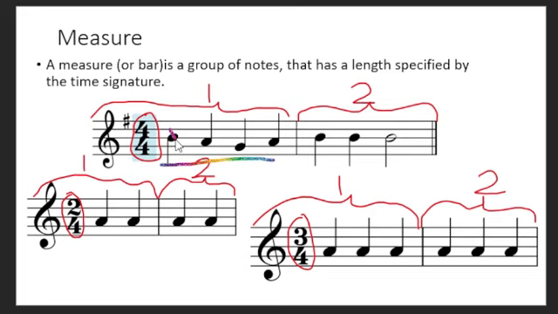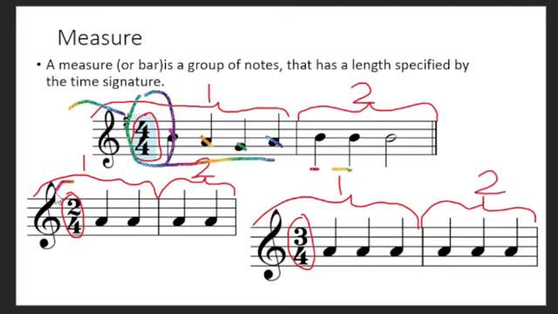So this measure has 4 beats. In the second, we have 1 crochet, another crochet, plus 1 minim. Remember, 1 minim has 2 beats. So our time signature here is 4/4, and our key signature is the sharp.